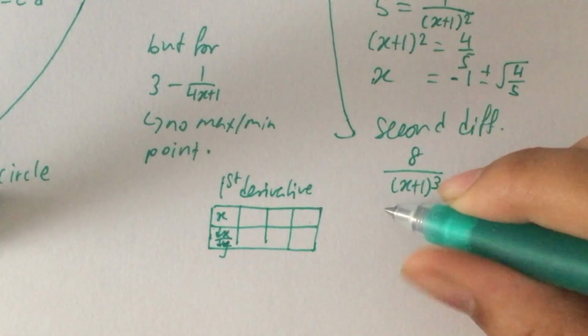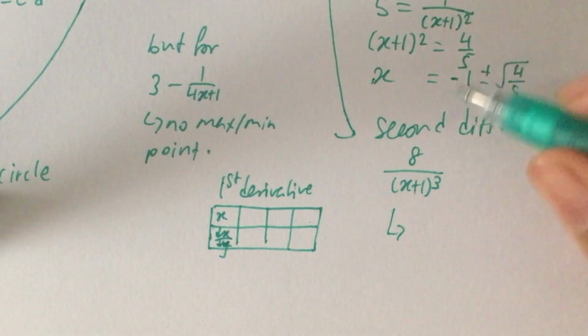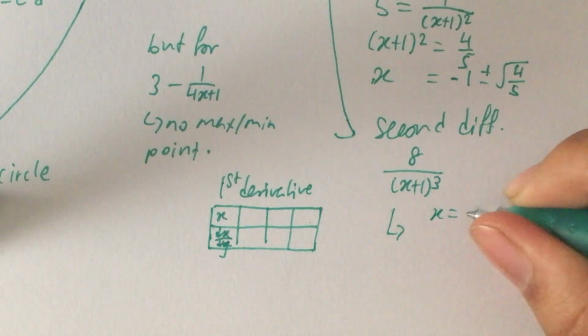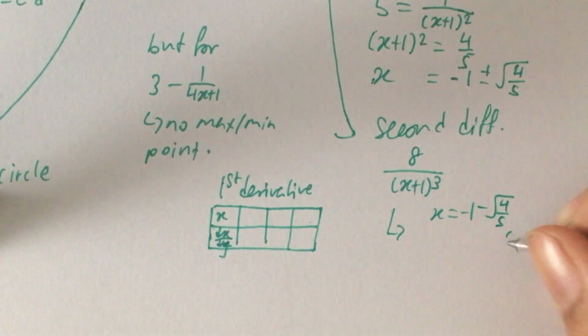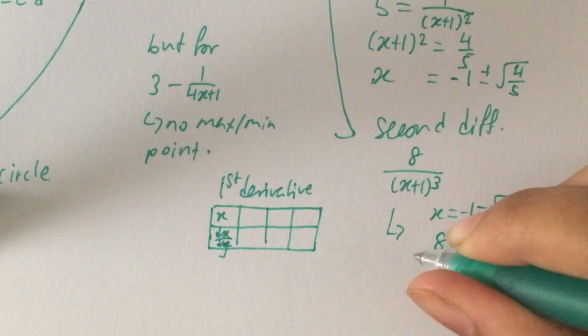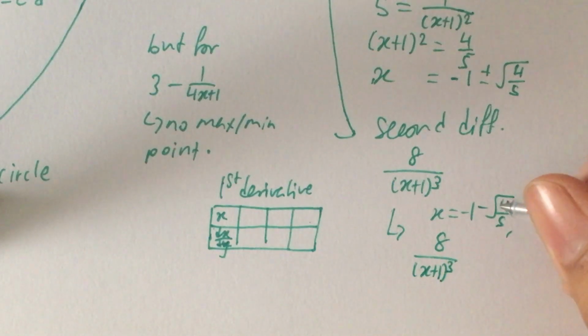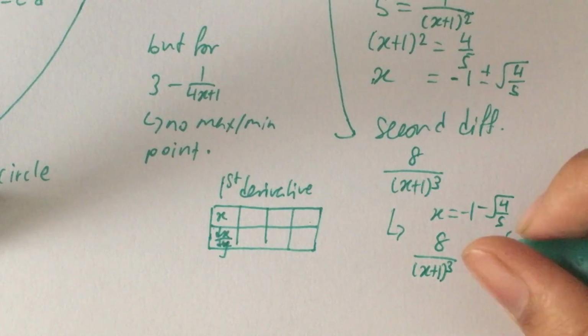If it's still very complicated, then don't bother, just do the table, especially if you know the answer already. If the second derivative is greater than 0, then it's a minimum point. If it's less than 0, it's a maximum point. If it's equal to 0, then you're out of luck and you need to do the first one, or it could just be one of those inflection points which happens on x cubed graphs.